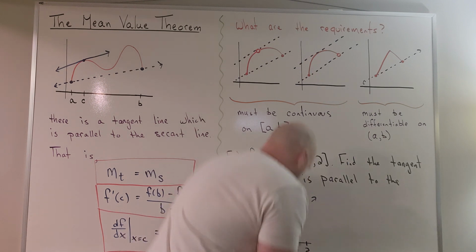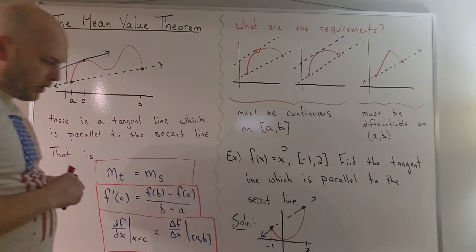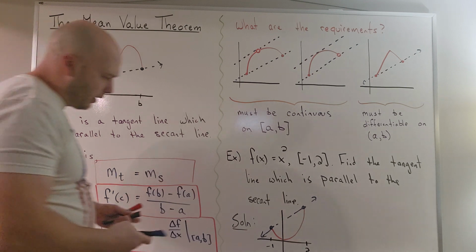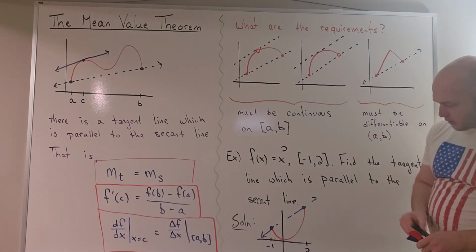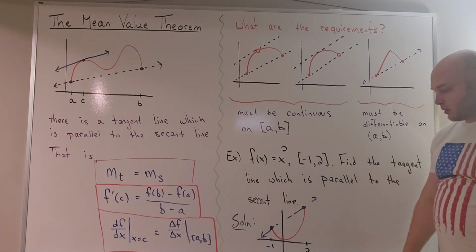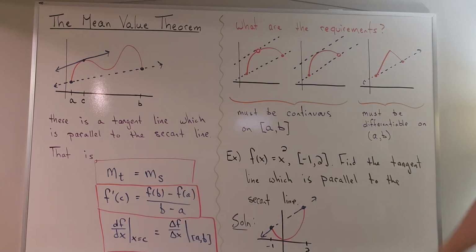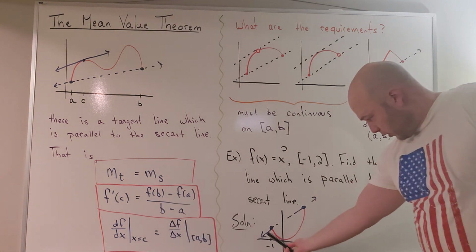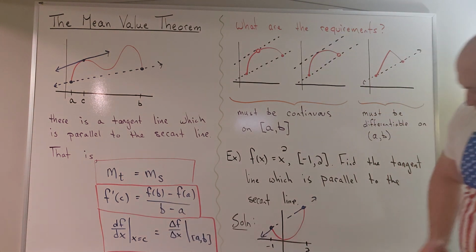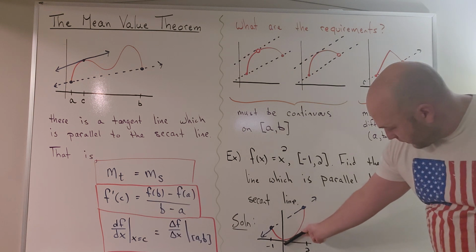So there's the secant line. Now we could ballpark it and say, where will I have a tangent line that's parallel? Let's ballpark it first to see if it's going to be reasonable when we get our final answer. Certainly not up here, certainly not back here, and you're probably looking right about there.